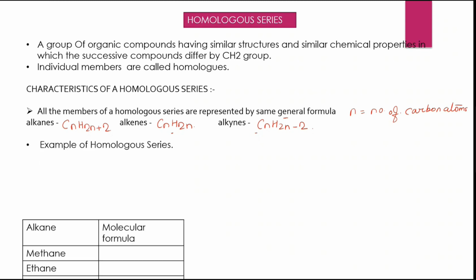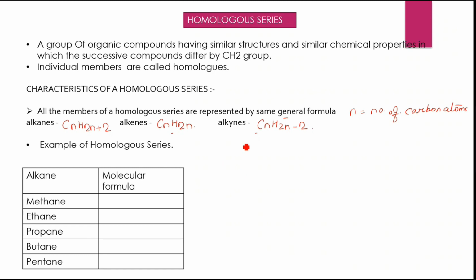Let's see the examples of homologous series. So methane. Methane has only one carbon atom. So the molecular formula for methane is C1H(2 into 1 plus 2), which is CH4. Ethane has two carbon atoms.